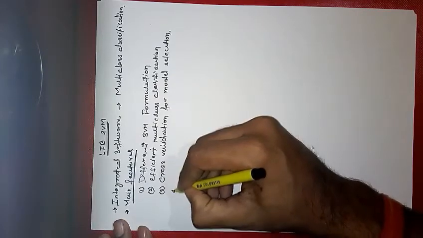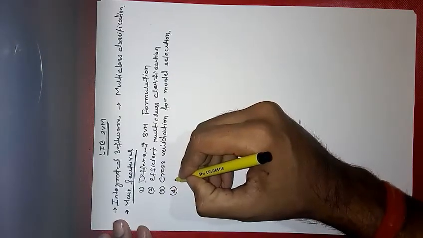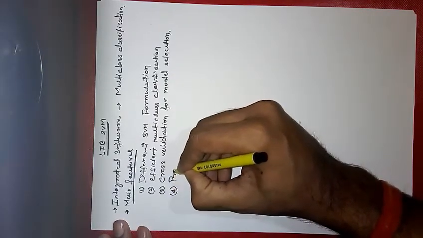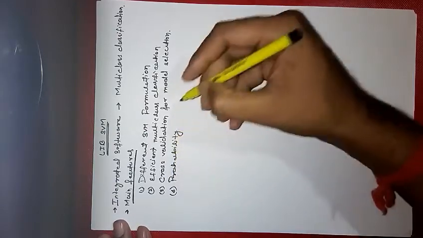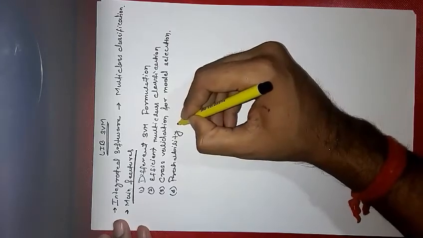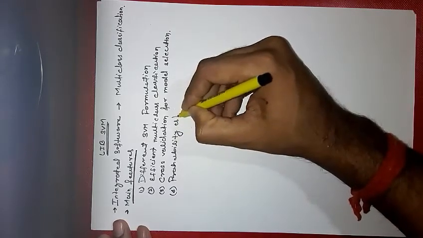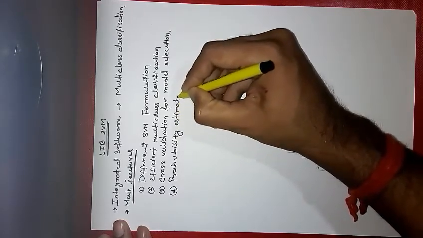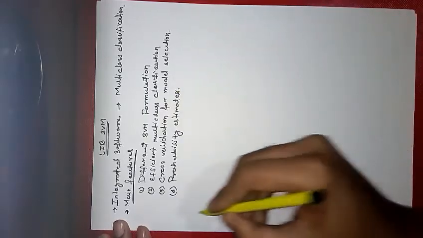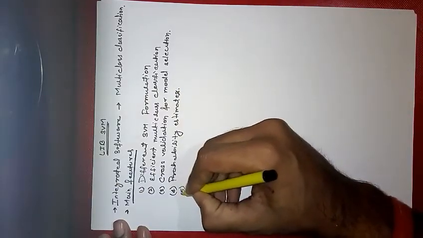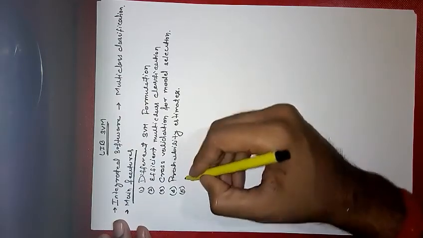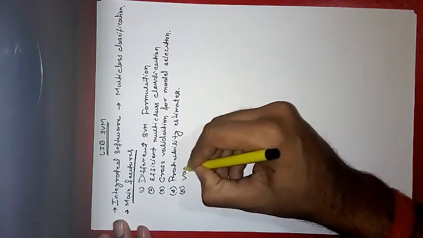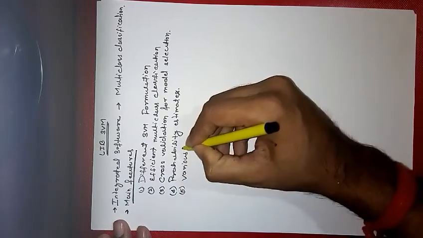Now the fourth feature is probability estimates. It can estimate the probabilities for the prediction. And the fifth main feature of library SVM is that it also uses various types of kernels.